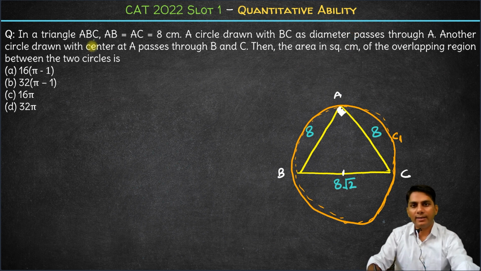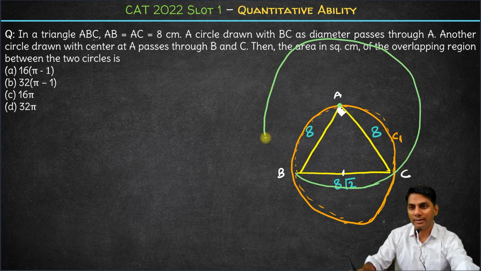Now next, another circle is drawn with A as the center. With A as the center, another circle is drawn which passes through B and C. Since AB is equal to AC, so let's say this is the other circle. Now, the area in square centimeter of the overlapping region of the two circles.